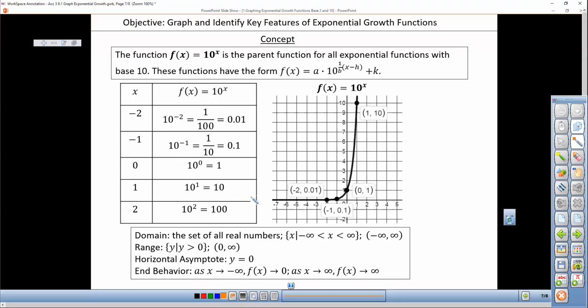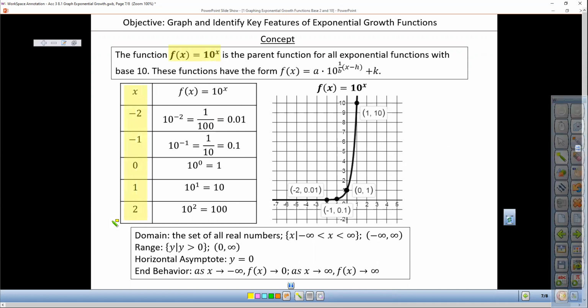All right, so for our last example, we are going to just look at an exponential growth function that has a base of 10 instead of a base of 2. So with a function like this, we're now looking at powers of 10. So the x's over here, this is our parent. The x's are integers here from negative 2 to 2.